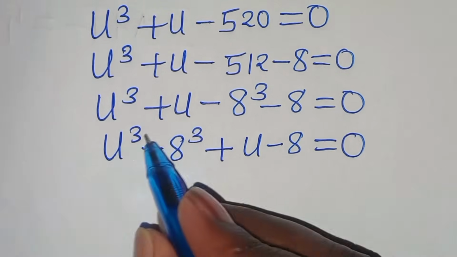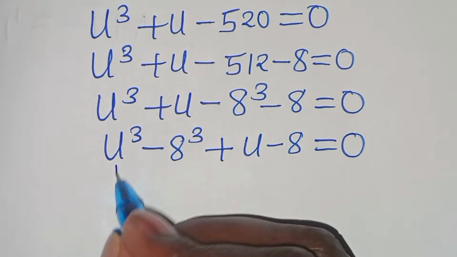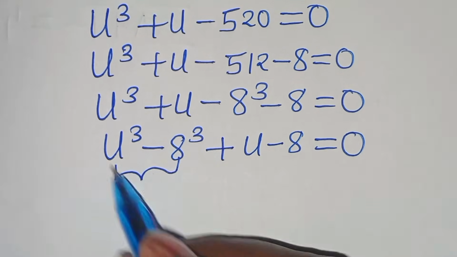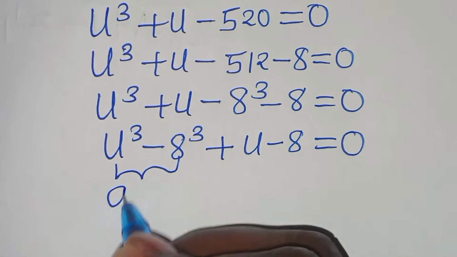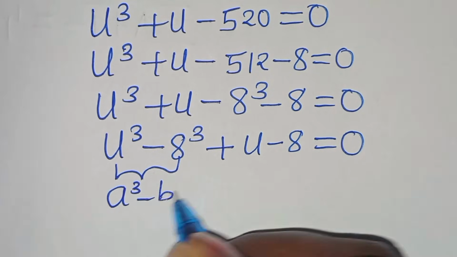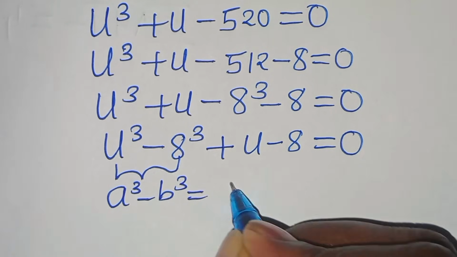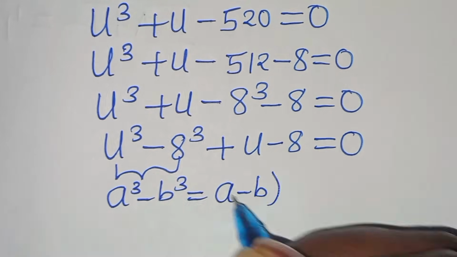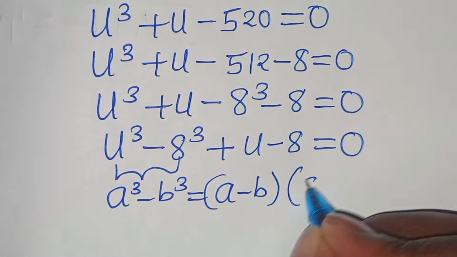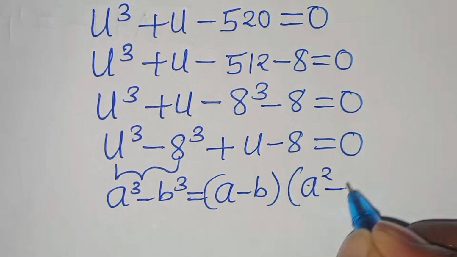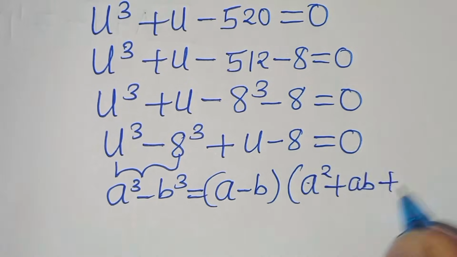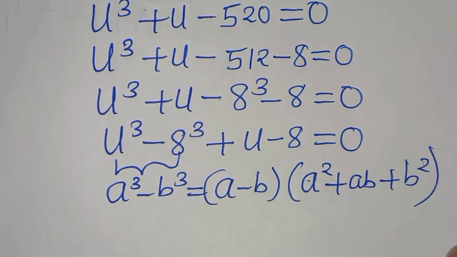So we have u^3 - 8^3. This is the difference of two cubes, which we can express as a^3 - b^3 = (a - b)(a^2 + ab + b^2).